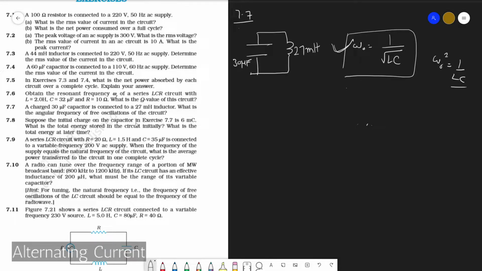Suppose the initial charge on the capacitor in exercise 7.7 is 6 millicoulomb. So the initial charge on this capacitor is mentioned to be 6 millicoulomb. What is the total energy stored in the circuit initially, and what is the total energy at a later time?